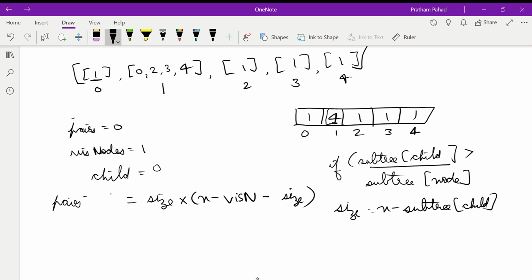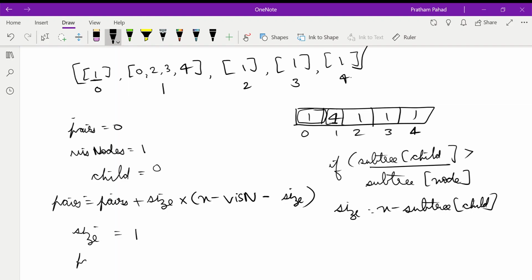Pairs equals pairs plus, this is our formula to calculate the number of pairs. Initially our pairs are 0. Currently we'll explore the 0th child. So initially our size will be 1, subtree of child size is 1.